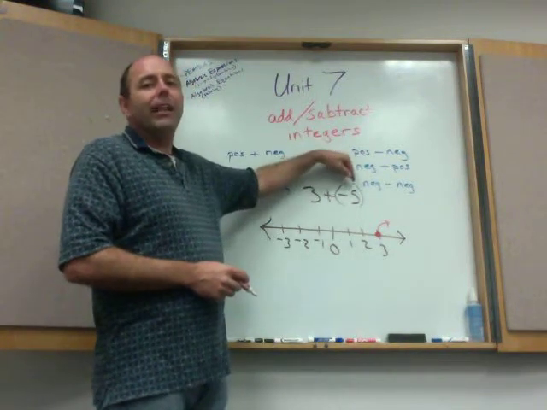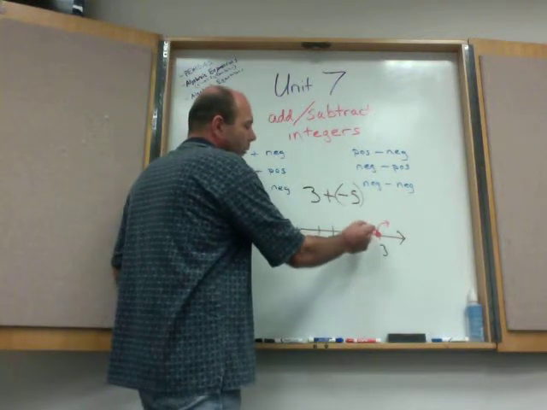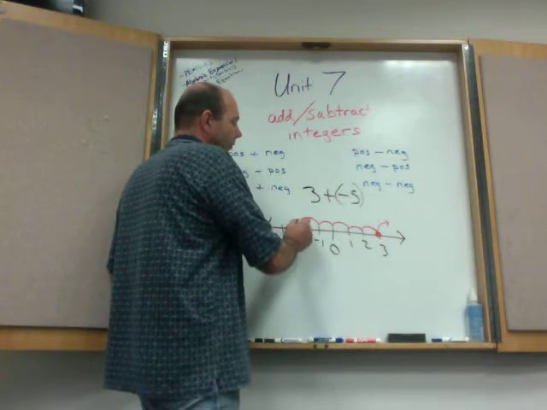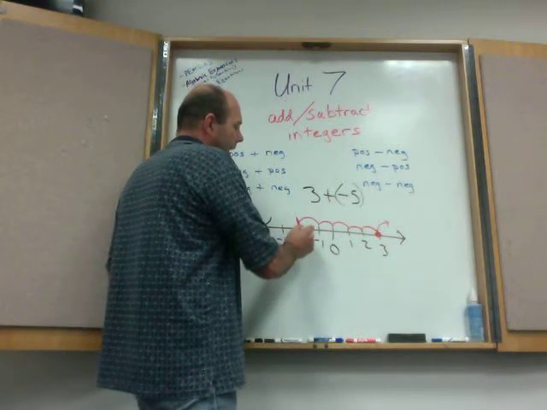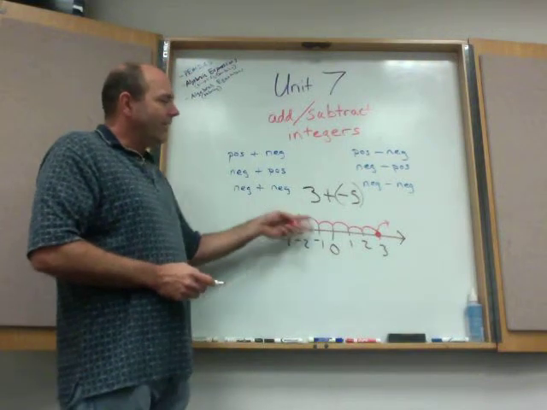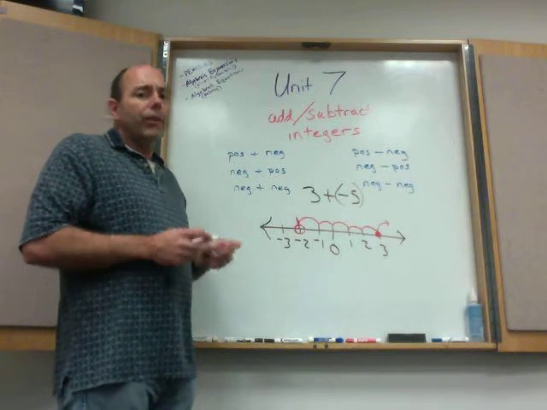But I'm adding a negative, so I'm doing it backwards, which means I'm going to move 5 spaces, 1, 2, 3, 4, 5 spaces in this direction, and I'll wind up at negative 2. This simple way of showing it is very useful.